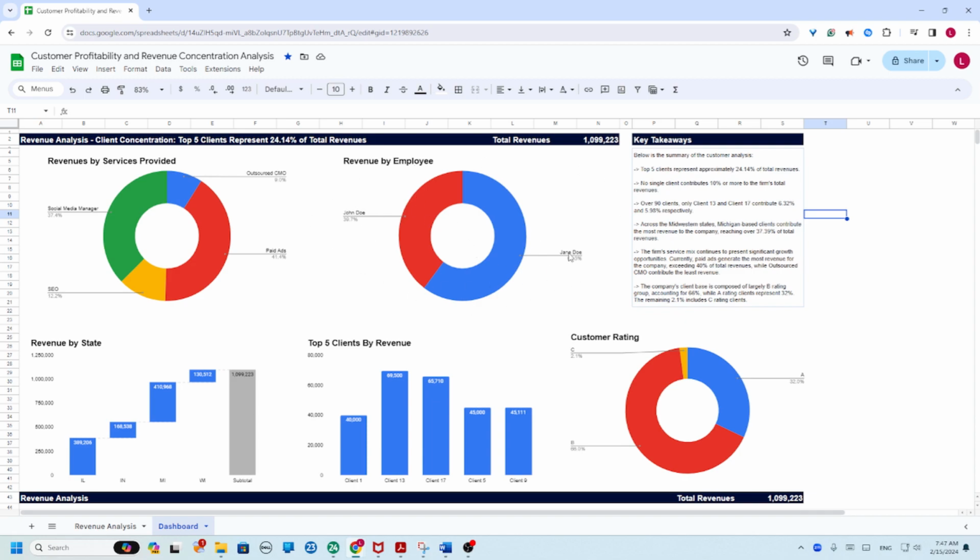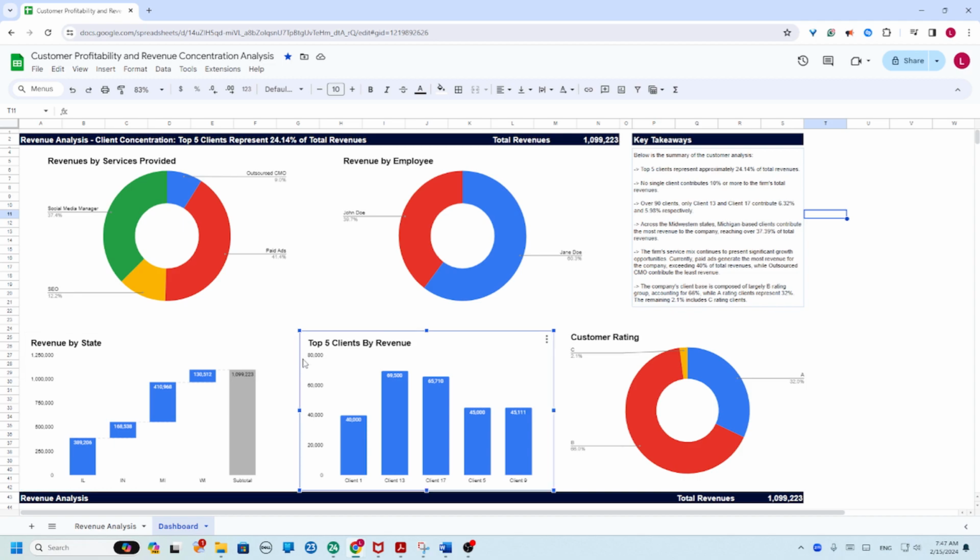We also know that Jane is the person who services most of our clients, accounting for 60% of the revenue generated, right? $1.09 million, excuse me. And then we have revenue by state. Which state contributes the most revenue?